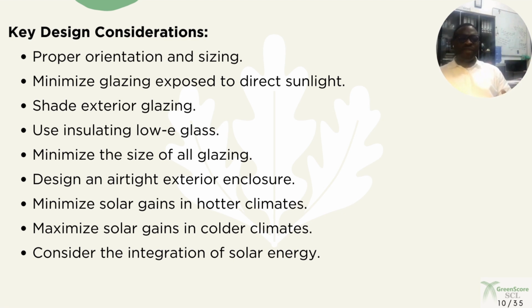So how do you keep heat away? Proper orientation and sizing, minimize glazing exposed to direct sunlight, shade the exterior glazing. Okay, use insulating low heat glass, that's number 4. Minimize the size of all glazing, right? Design an airtight exterior envelope or enclosure.